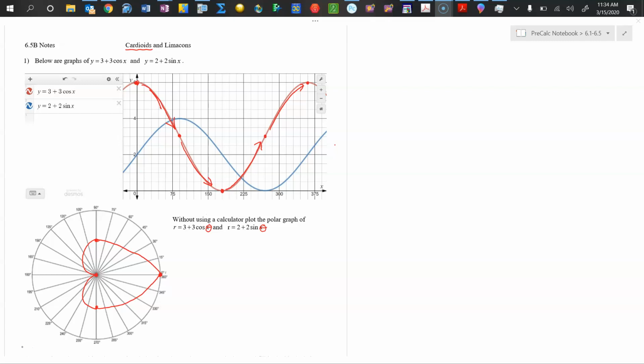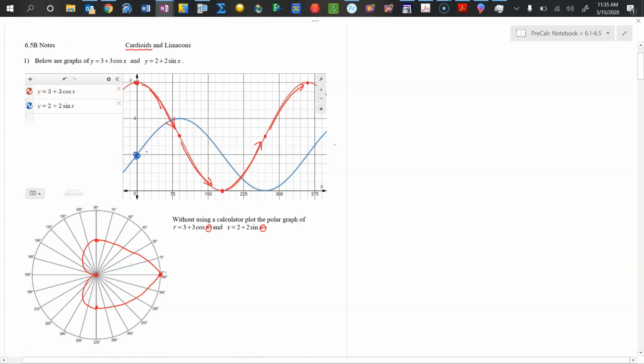Now we're going to take a look at the graph of r equals 2 plus 2 sine theta. And again, we have a vertical stretch of 2 and we have a shift of 2. So at 0 degrees, the sine function is 0, so r would be equal to 2. That's our first critical value there.